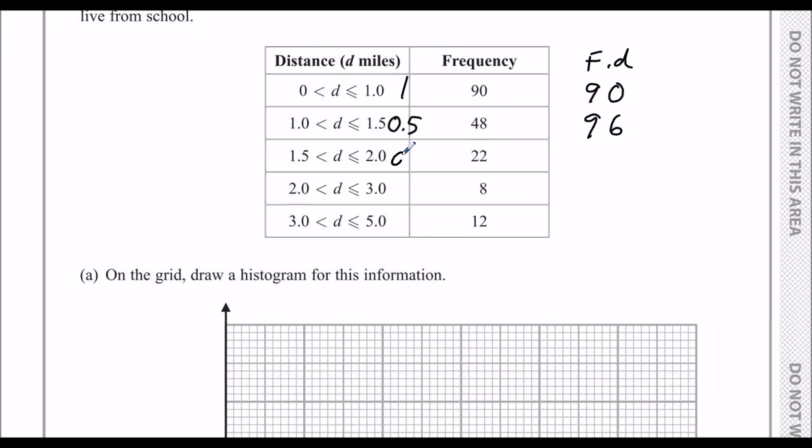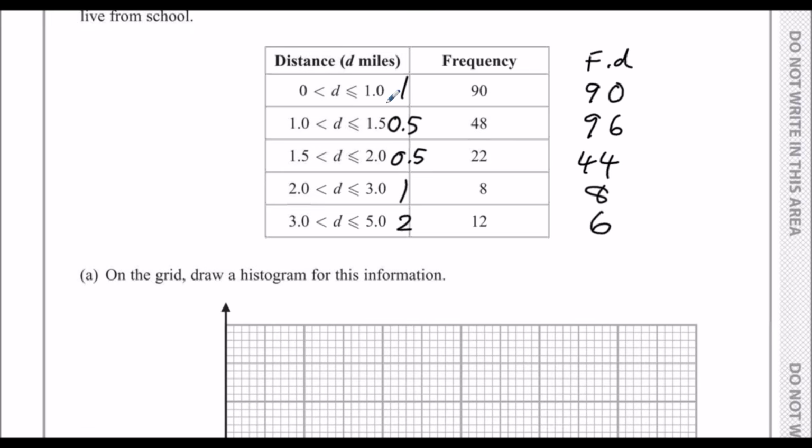Again, we've got 0.5 as the width for the third bar. 22 divided by 0.5 is 44. 2 to 3 is 1 wide. 8 divided by 1 is 8. 3 to 5 is 2. It's going to have a base of 2. 12 divided by 2 is 6.